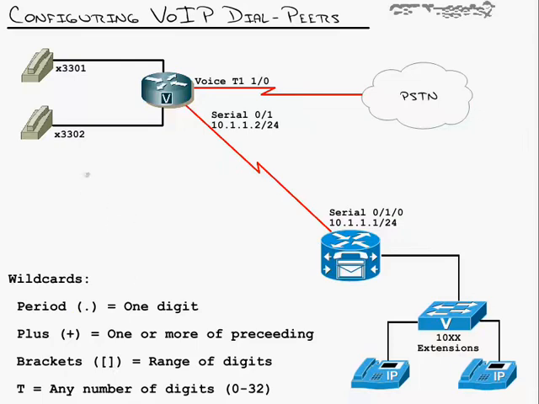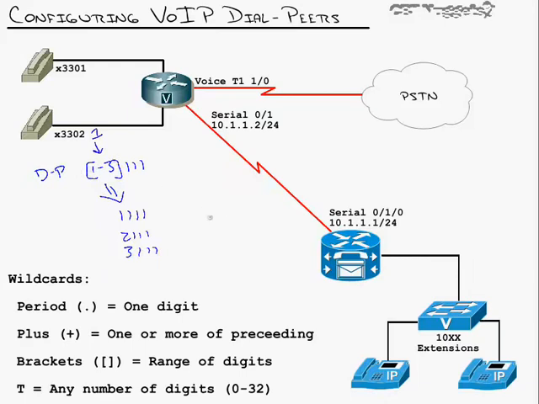So if I were to do, for instance, bracket 1 through 3, then 1 1 1 as my destination pattern, that would actually give me a match of 1 1 1 1, 2 1 1 1, and 3 1 1 1. It would match any of these dialed numbers. Anything that I put in the brackets represents one dialed digit. It could be 1, 2, or 3 based on that range.